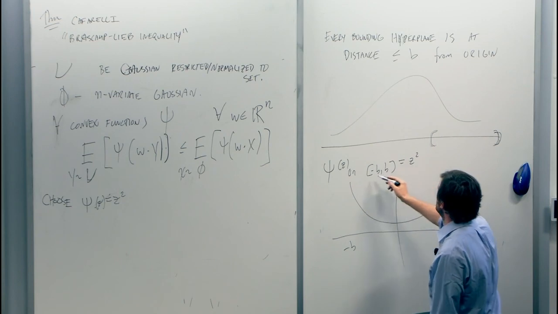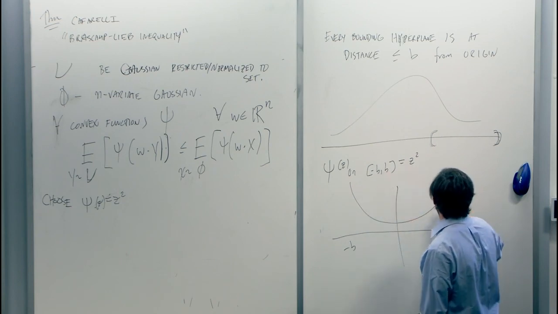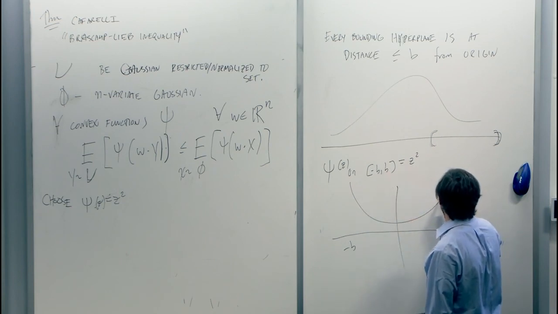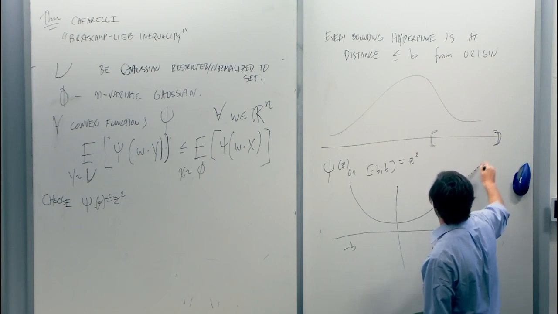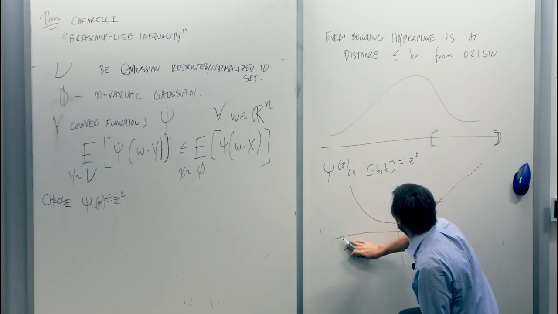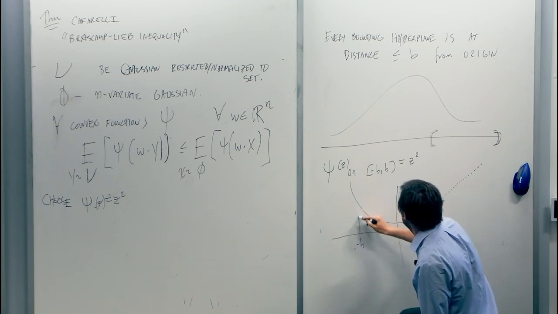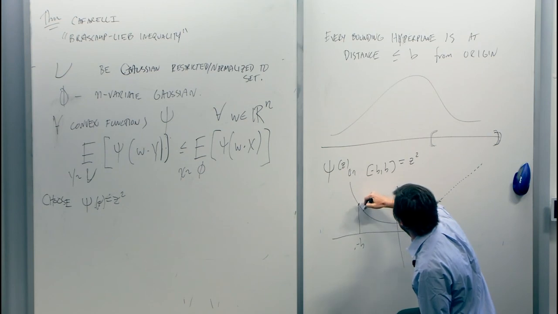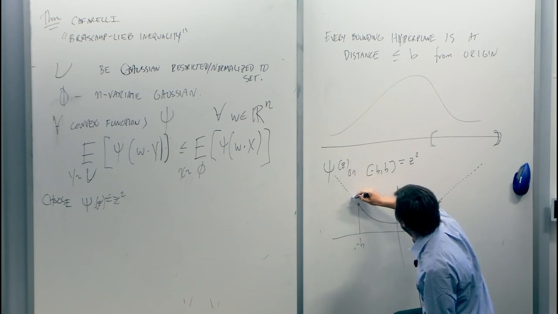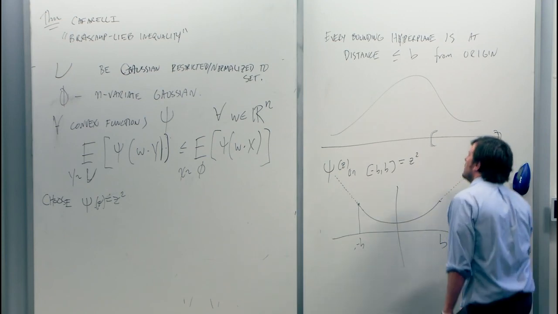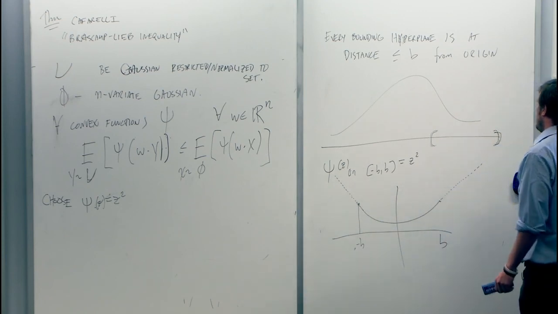And then outside minus b to b, when you hit the point b, you want to choose psi instead to be a tangent plane.